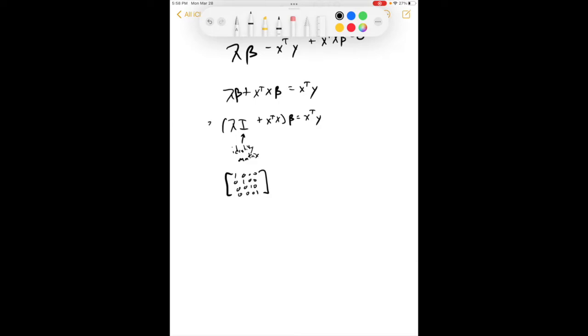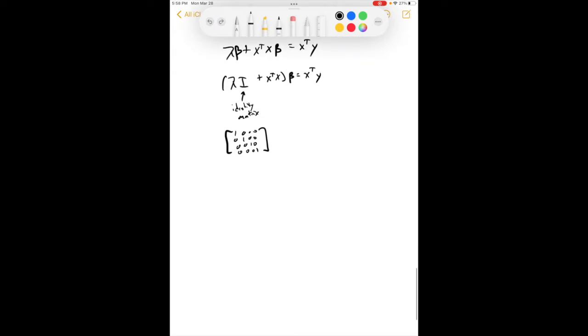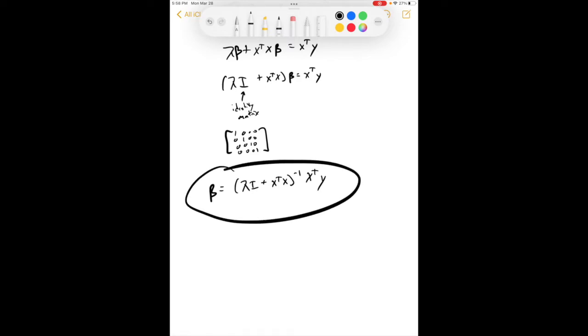And when we multiply on the left by the inverse of this whole thing, we end up with beta equals lambda I plus x transpose x, all of that inverse, x transpose y. And that is our closed form solution for the beta, the coefficients that minimize the loss function for ridge regression.